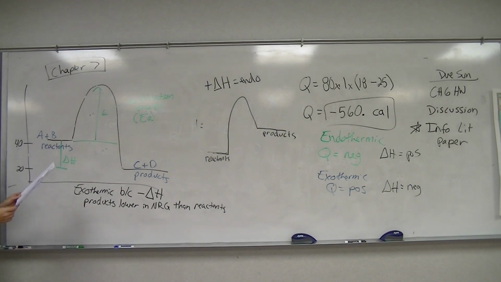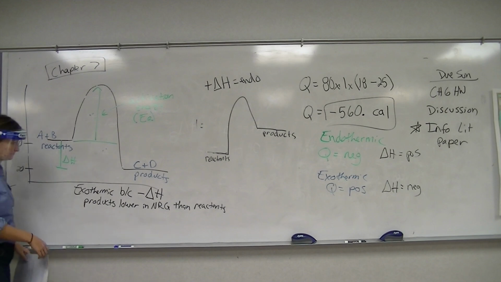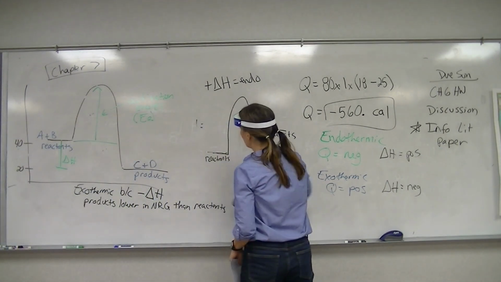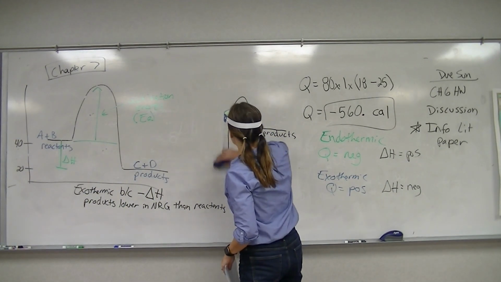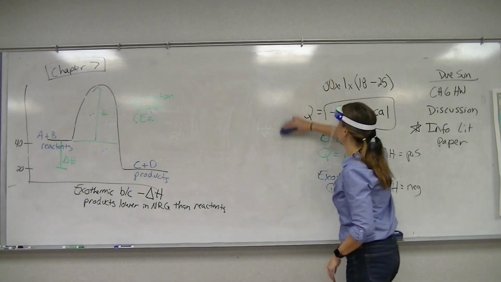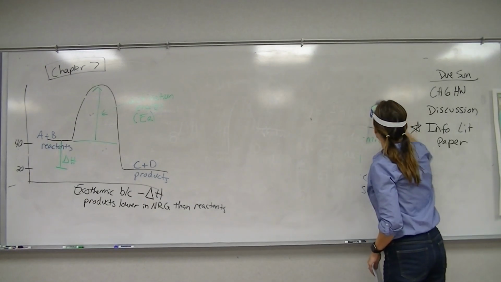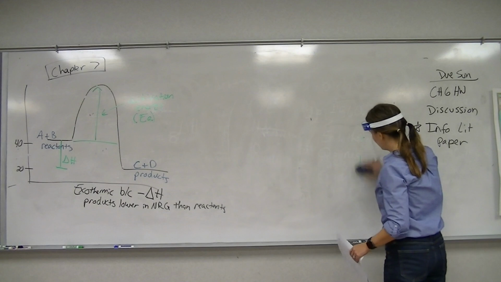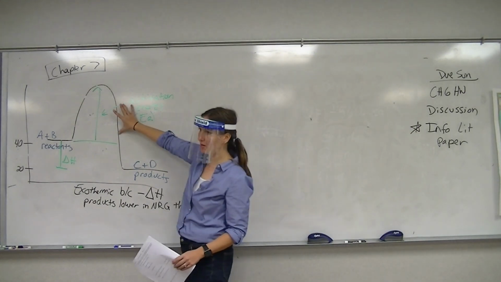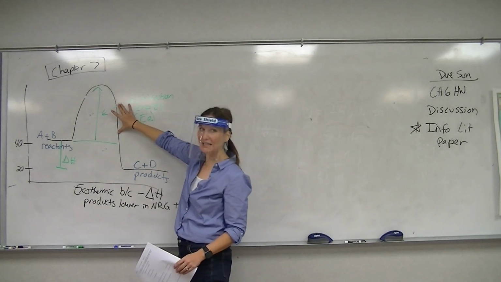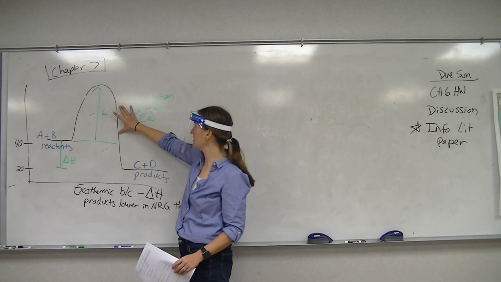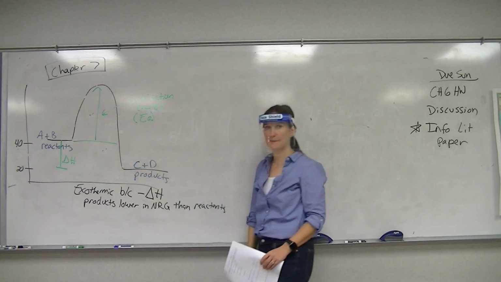So, before I end, let's do 23 because it's asking about this diagram. In this reaction diagram, what would adding a catalyst do to the activation energy? So, the definition of a catalyst is it tries to speed up the reaction. Looking at this activation energy, this hump, if I wanted to speed up the reaction, what would I want to do to the hump?